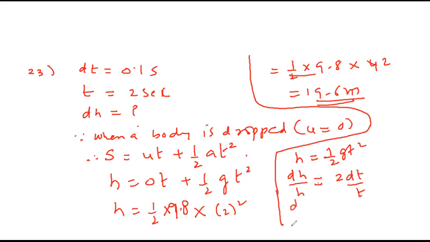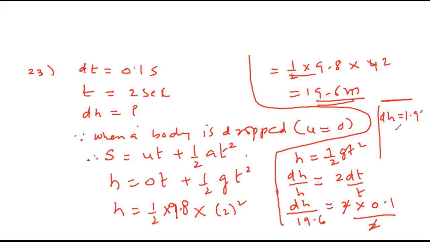We have already calculated h, which is 19.6 into 2. dt is 0.1, t is 2. 2 we can cancel. Therefore, dh equals to 1.96. Error in height 1.96.